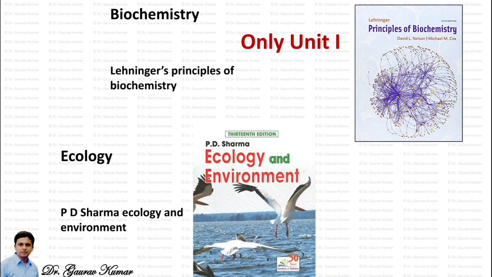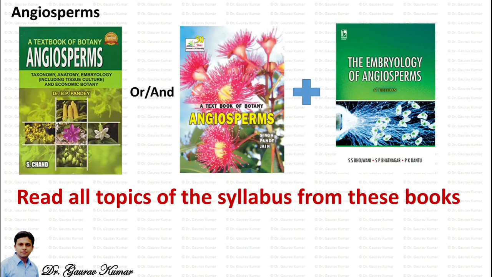Then ecology: you can read whatever topics are given in your syllabus from this PD Sharma, Ecology and Environment. Your teacher might have suggested Stiling or other books, but again, I keep my strategies simple and straight. This will cover most of the recommended syllabus of Delhi University.